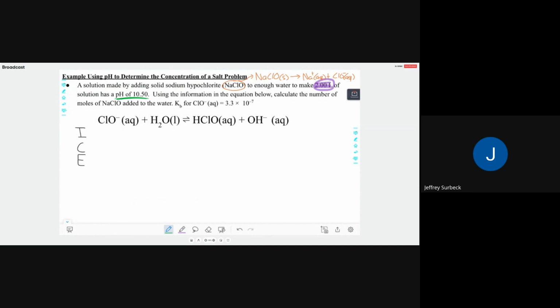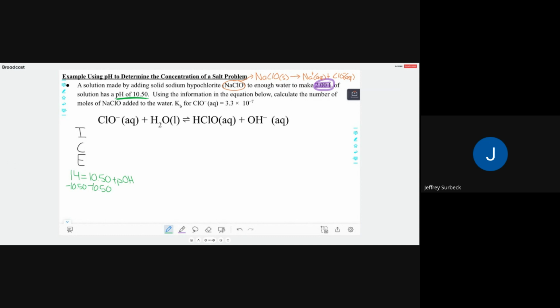So right now, we can't take that information and make it useful, but what we can do is this. We can say, hey, we know that 14 equals our pH, which I'm going to replace with 10.50, plus our pOH. So now how do we find our pOH? Subtract that 10.50 on both sides.